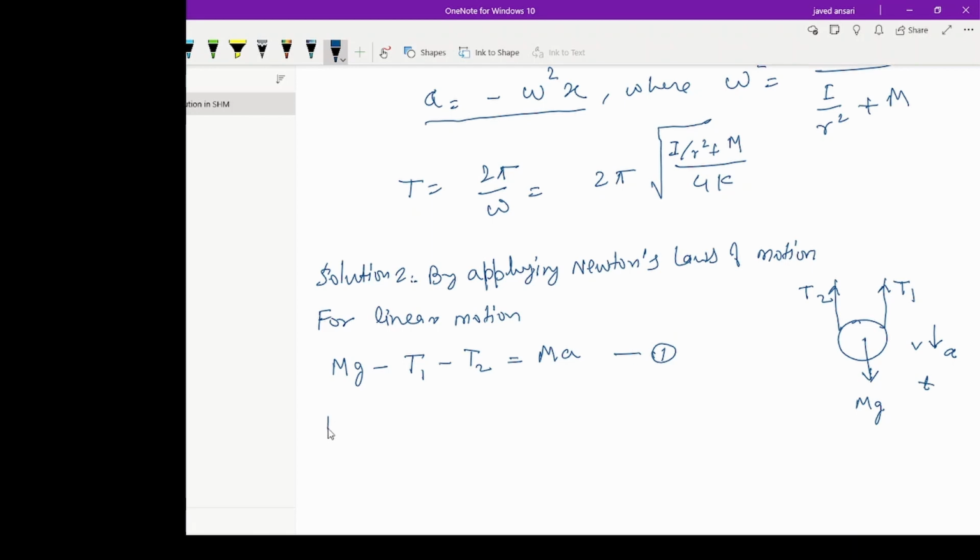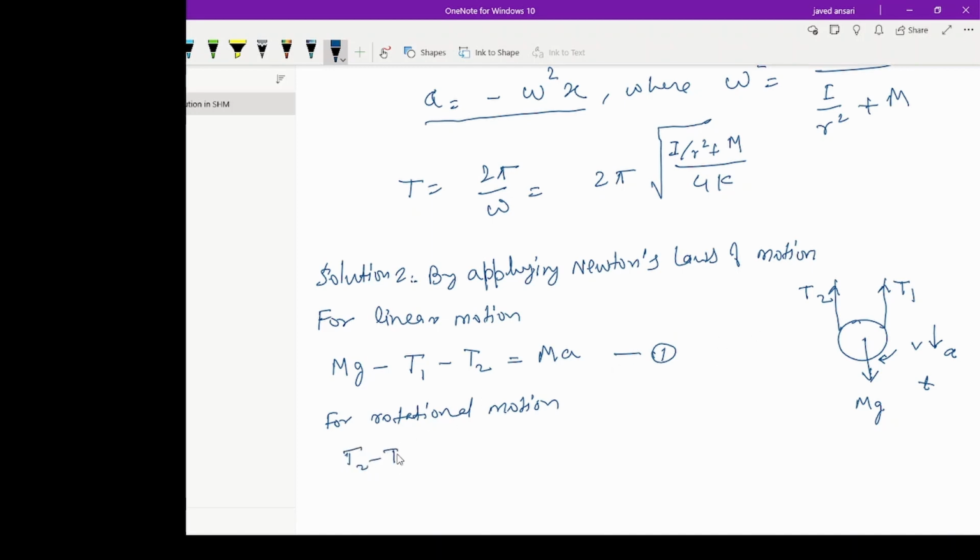And for rotational motion, there will be torque. Let's assume that this is going down, right? If it is going down, it will move like this. So T2 will have more torque, right?